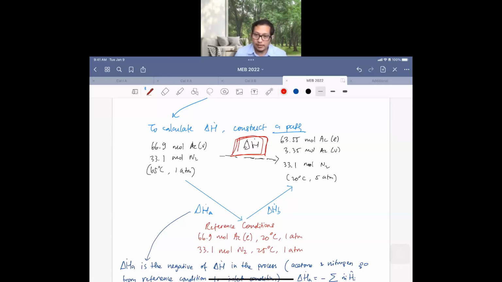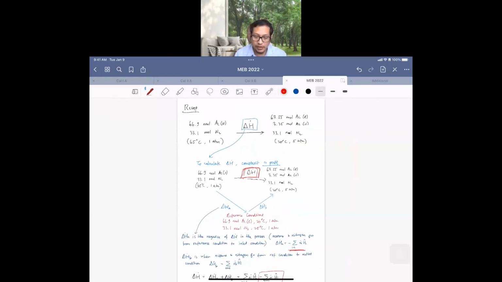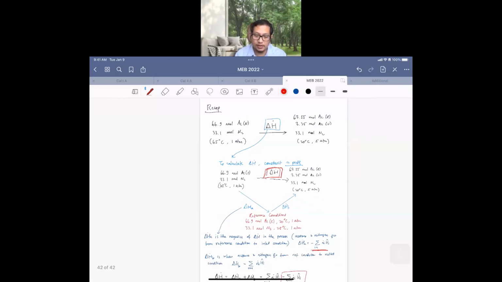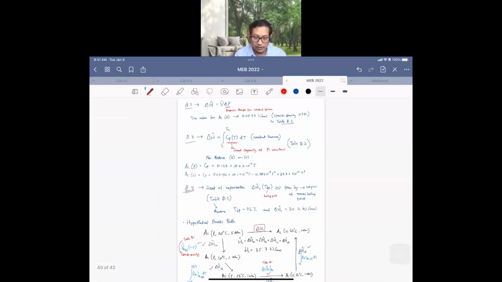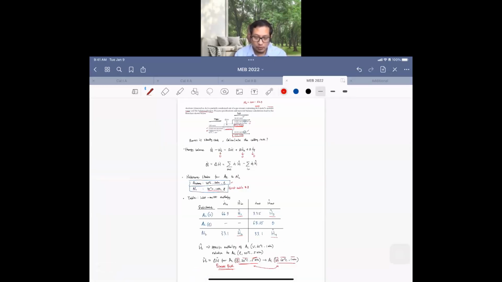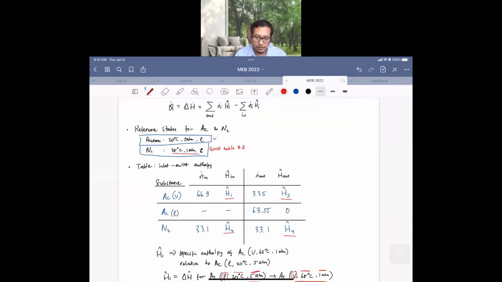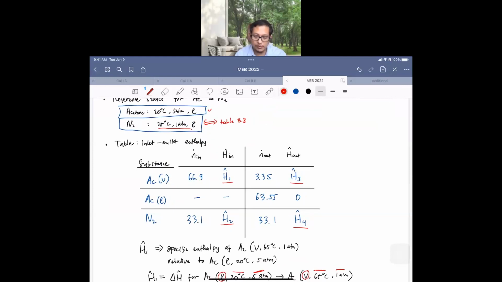So actually I start with a general procedure that you can see of what we have here. First we deal with the reference state, and here we deal with some specific enthalpies that we need to check and find. How do we find this specific enthalpy is precisely what we are going to discuss in the next section.